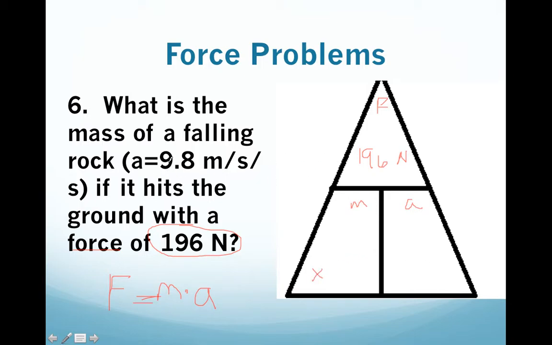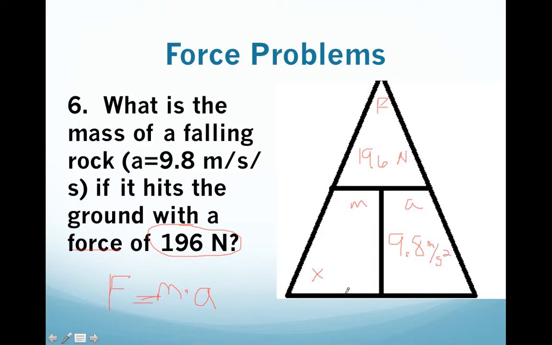Then it falls, and all rocks and everything that falls do so at a rate of 9.8. I put this in parentheses, but if it just read what is the mass of a falling rock if it hits the ground with a force of 196 newtons, and 9.8 is not given, that would be a known factor, that all objects fall at a rate of 9.8 meters per second squared.